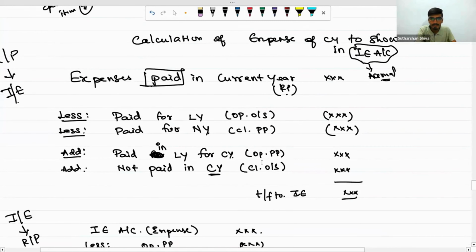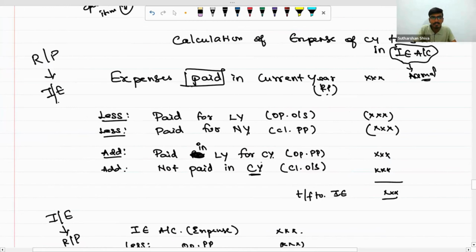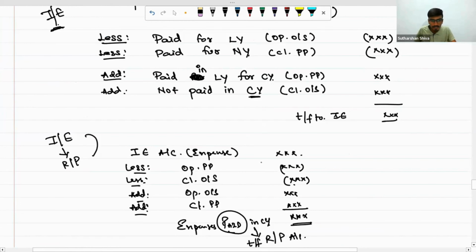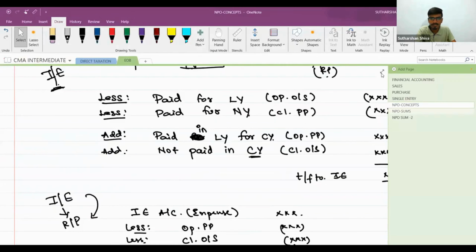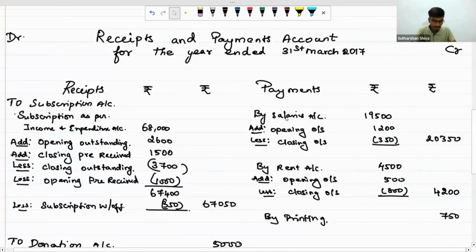Expenses paid in the current year for next year, we subtract when going from receipts to income and expenditure account. Whenever it is income and expenditure account to receipts and payments account, we will add the closing prepaid. So in these cases, we are going to add it up.